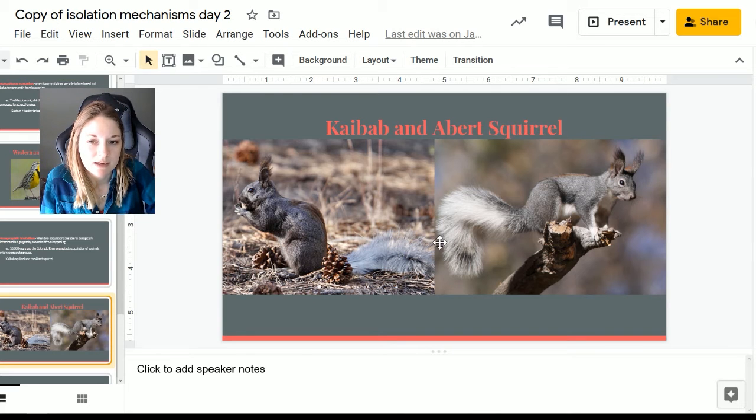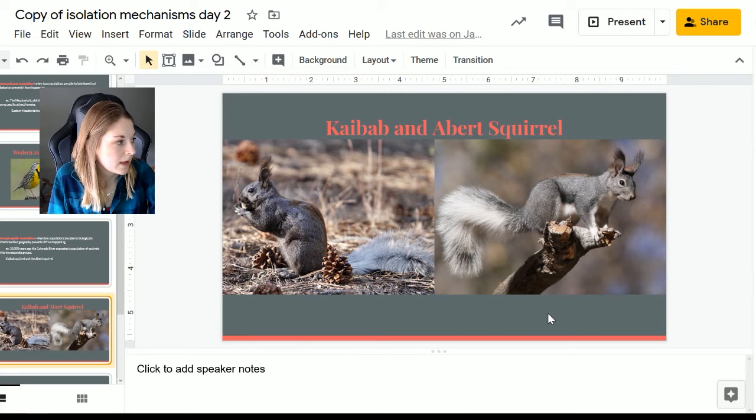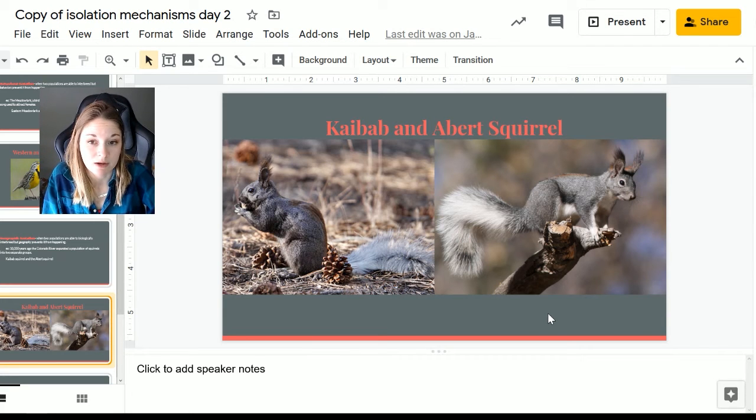They, again, look similar, but one is found on one side of the river and one is found on the other side of the river. They do not mate simply because they have that physical barrier. Again, we know these are 2 different species because on the off chance they were able to meet up, they do not make viable offspring.